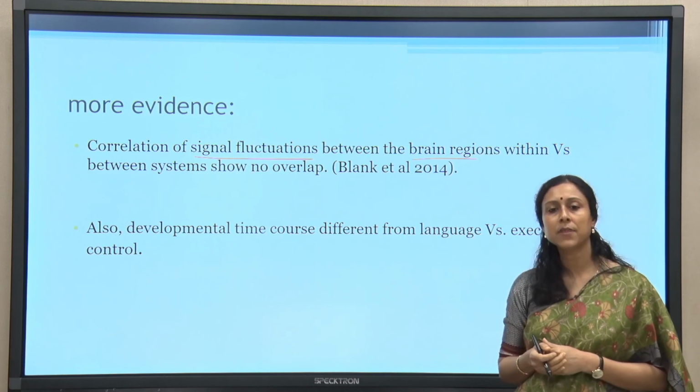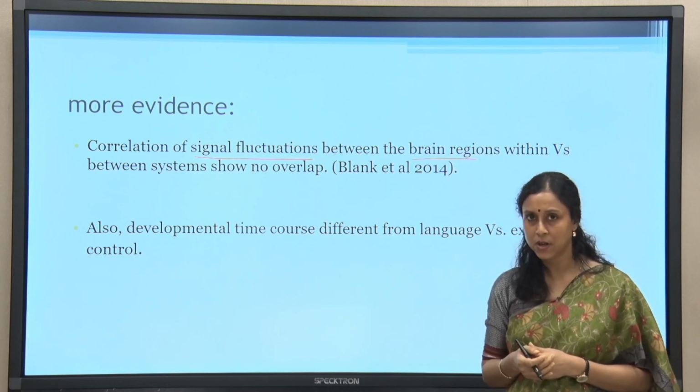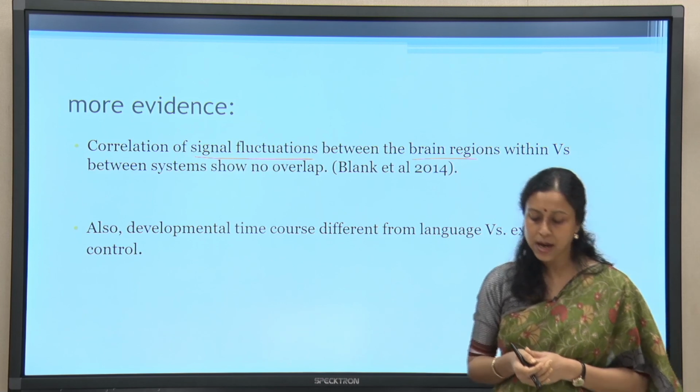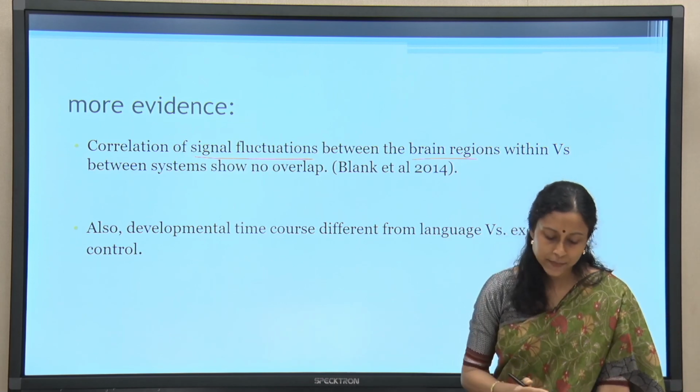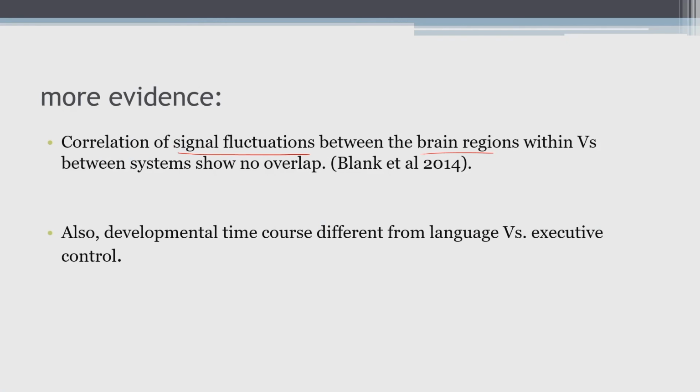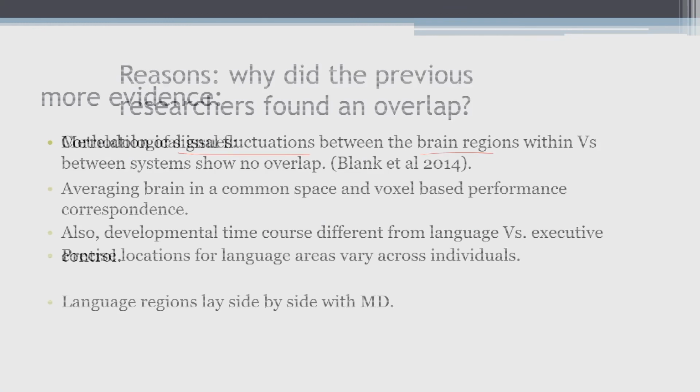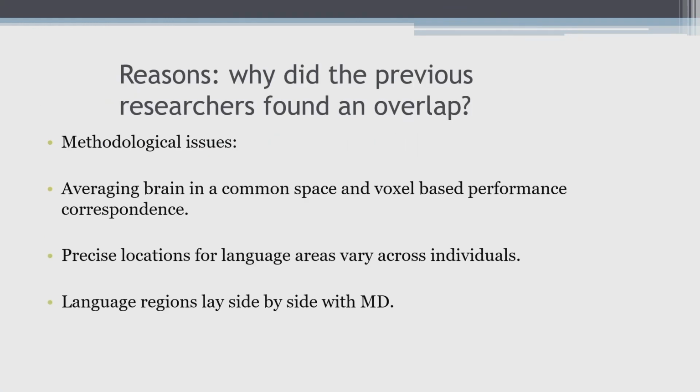So even the developmental aspects of these two functions are different. How can there be an overlap, because language function is developed far more quickly than executive control functions, and so on and so forth.